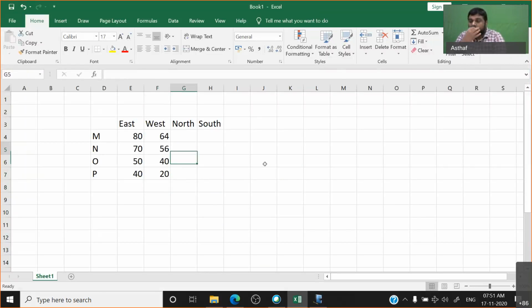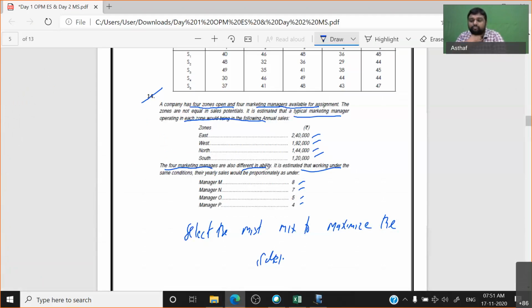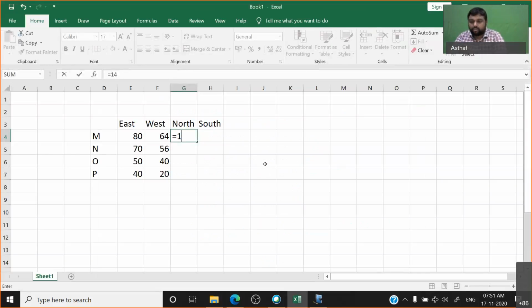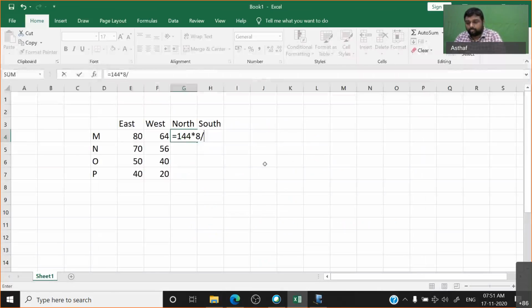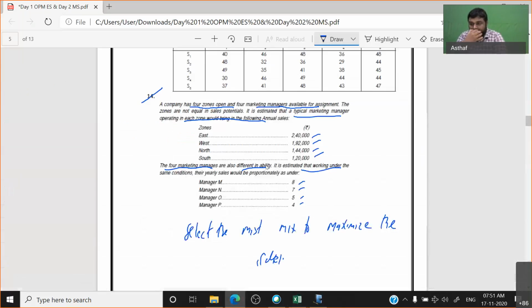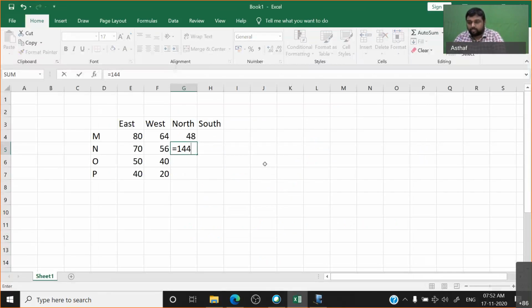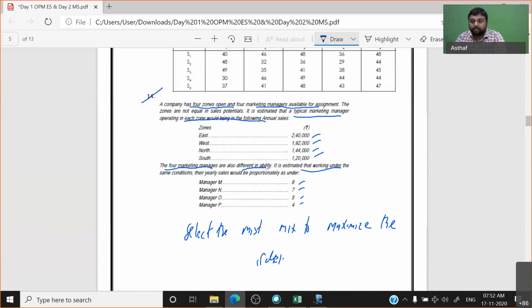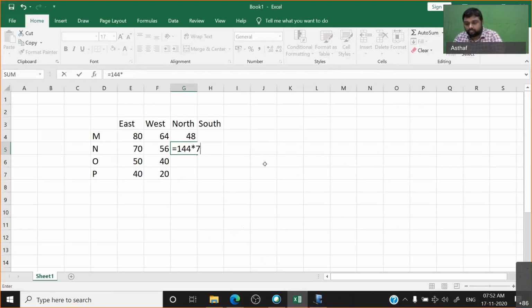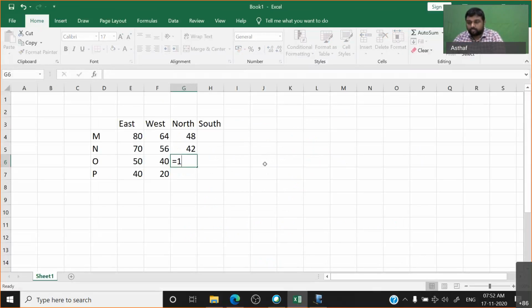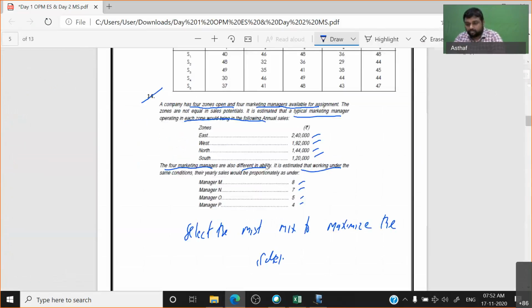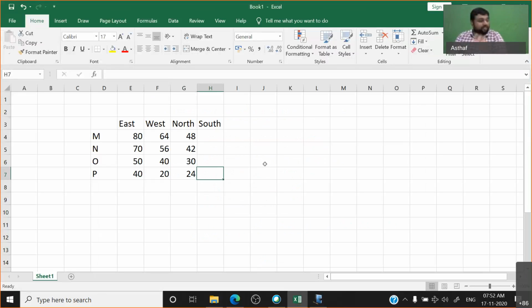See? Now what do we have to do next? 144 into... What will be the sum?